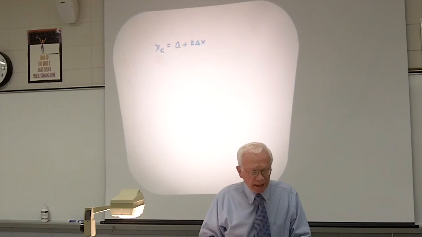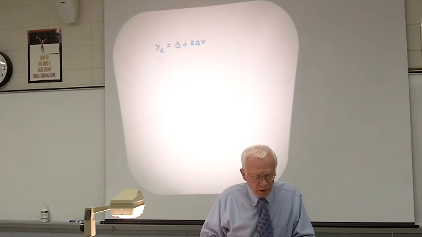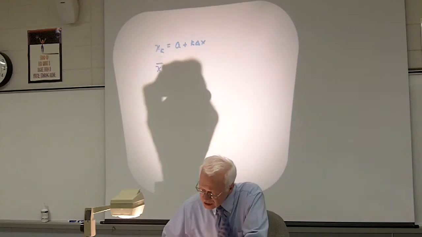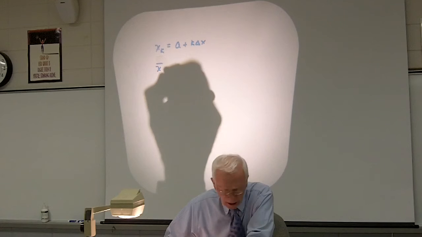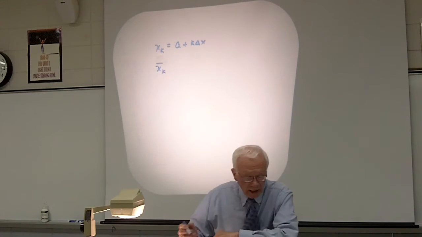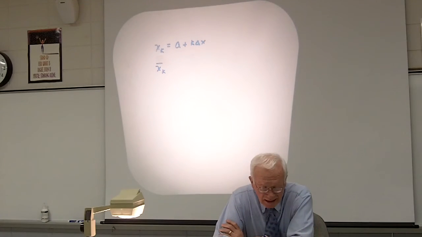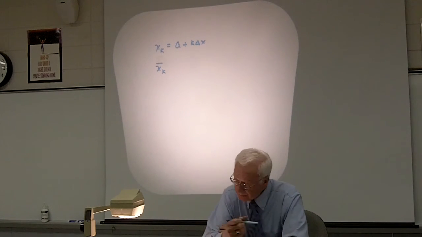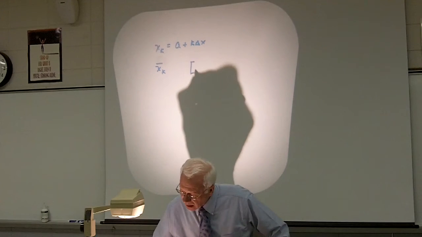Next page, 310. Look at that definition of Riemann sums. You notice he uses x bar with a little k down here, and he says that is any point in the kth subinterval.